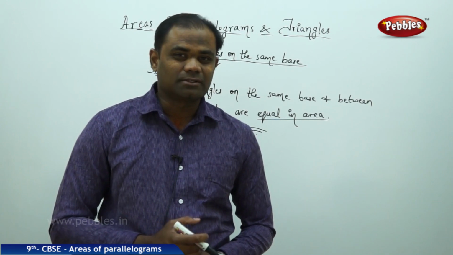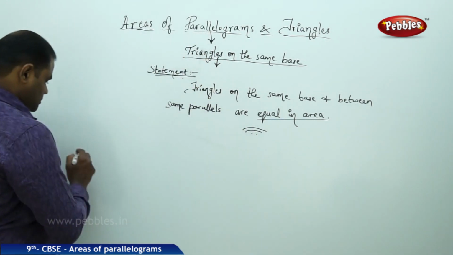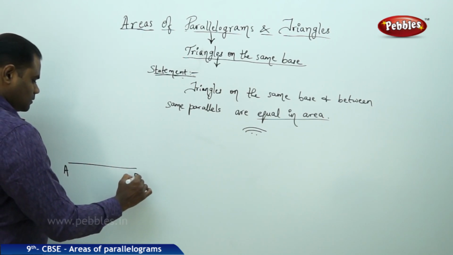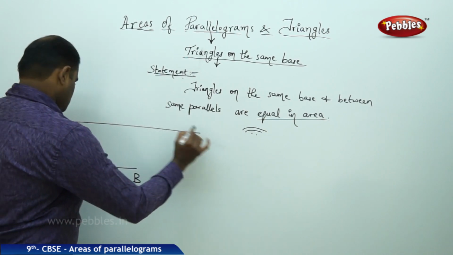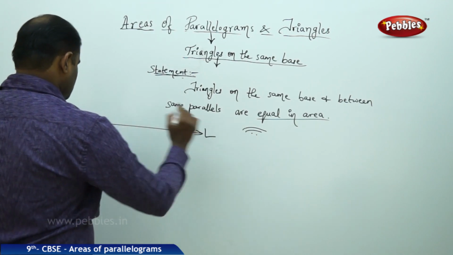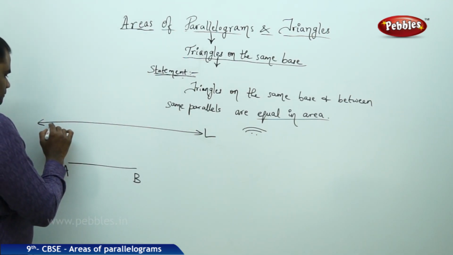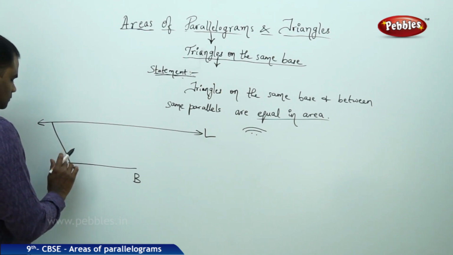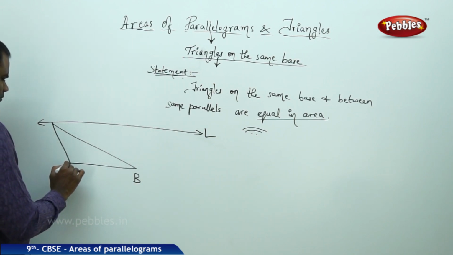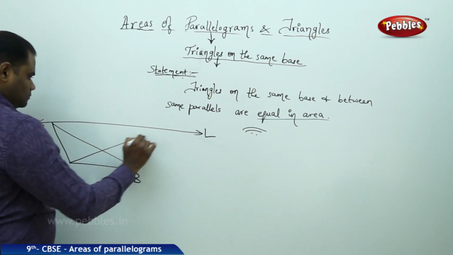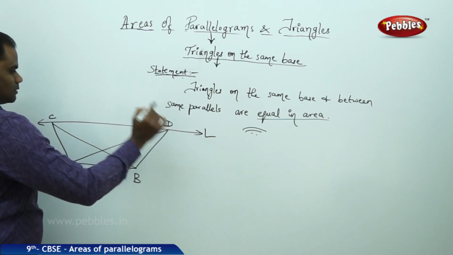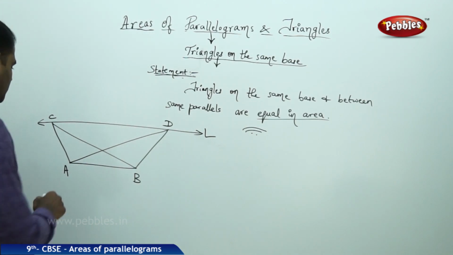So when I take two triangles between the same base and the same parallels, just like this, A, B, this is the line L, and I have a triangle like this, then the two triangles must have equal areas.